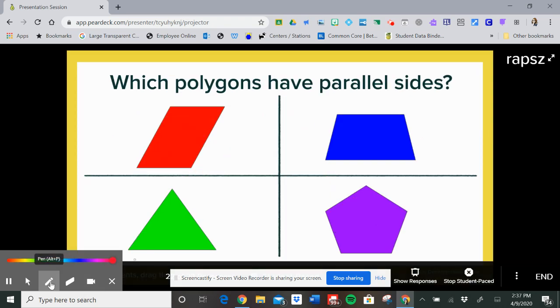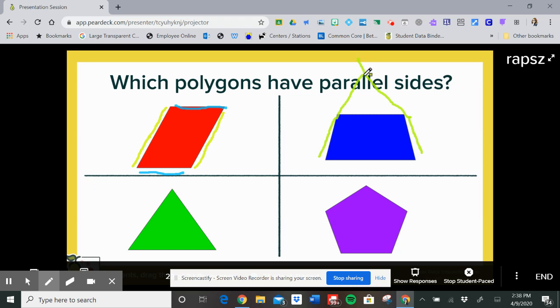Here, which have parallel sides. Parallel, remember, they run side by side, never touch. They could go on and on forever and never touch. So these two sides are parallel, but that one actually has 2 sets of parallel sides because these 2 are also parallel. Over here, we have kind of the same thing going on, only these would eventually intersect.